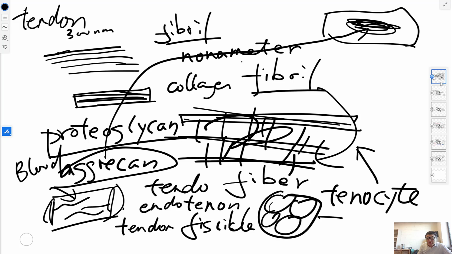Yeah, and then later several fascicles bind together, and here there are several layers. This is called epitendon, and this is called peritendon.